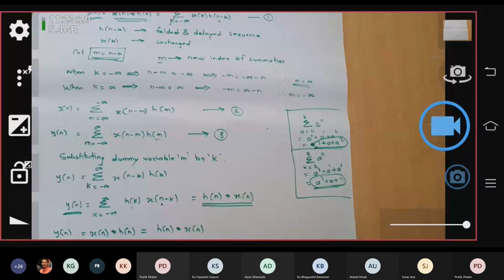Tell me a quick feedback whether you have understood this proof. If you have understood, you can type yes in the chat box.